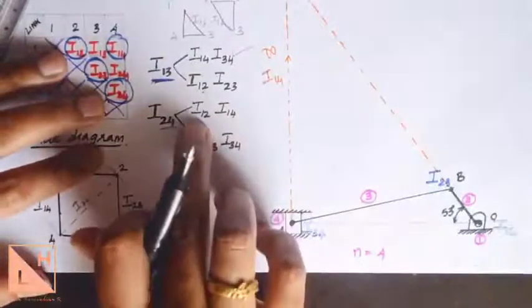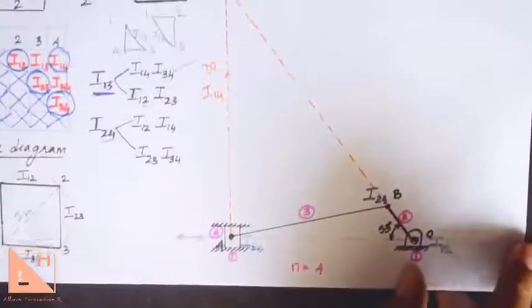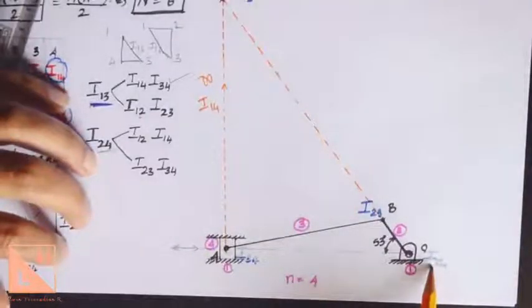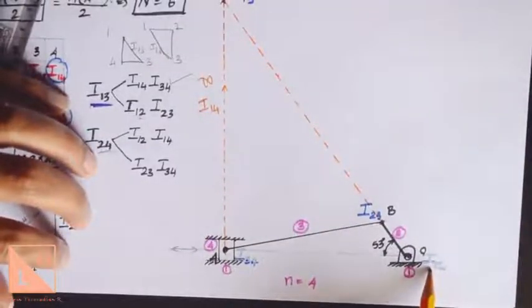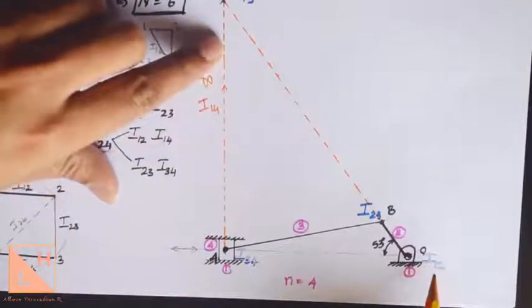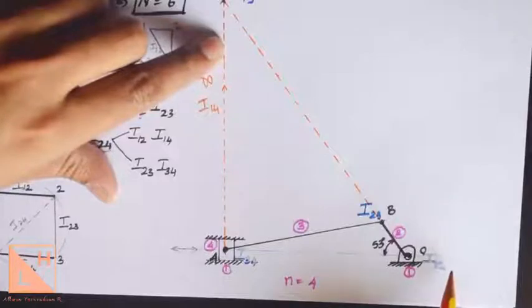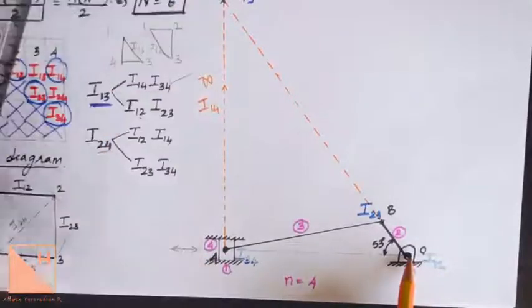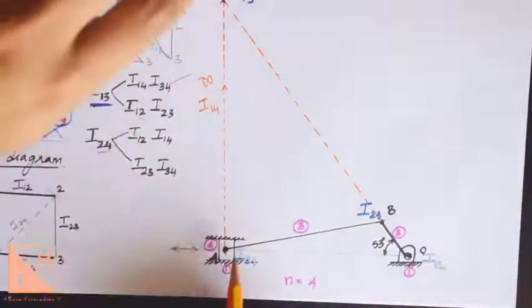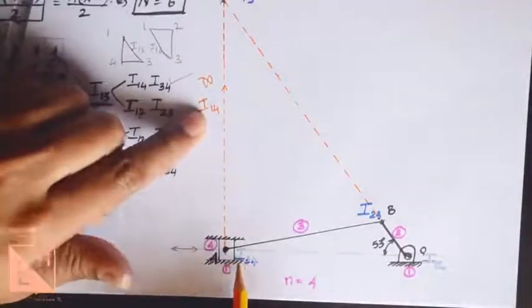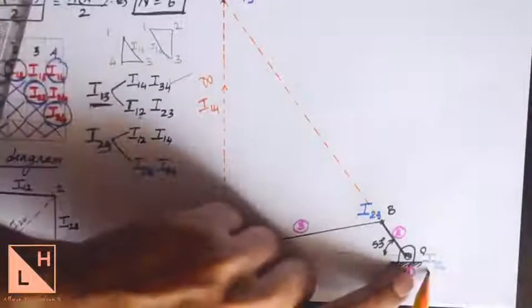Find out where I12 and I14 are in the mechanism drawing. We have I12 present here, and where do you find I14? It is not that only this line will represent I14. I14 is simply found at infinity. So from whichever point you want to connect to I14, you have to take it vertically to infinity. Here we took it vertically to infinity because we wanted to connect I34 and I14. Now we need to connect I12 and I14.